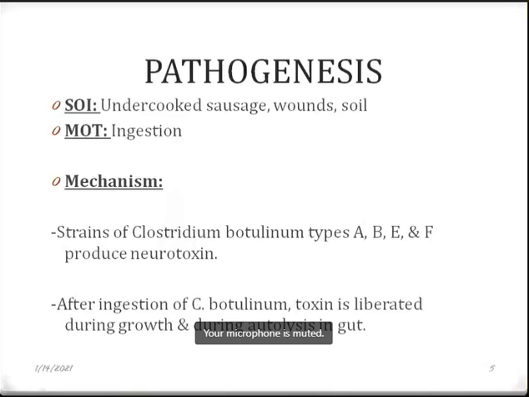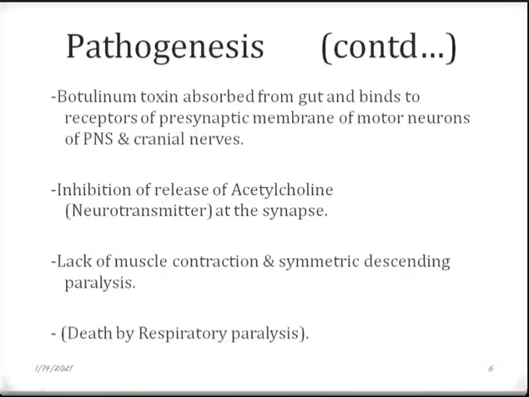How do they lead to botulism? First, they produce neurotoxin. After ingestion of Clostridium botulinum, toxin is liberated during growth and during autolysis in the gut. Botulinum toxin is absorbed from the gut and binds to receptors of the presynaptic membrane of motor neurons of the peripheral nervous system and cranial nerves.